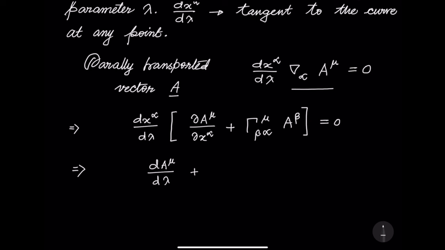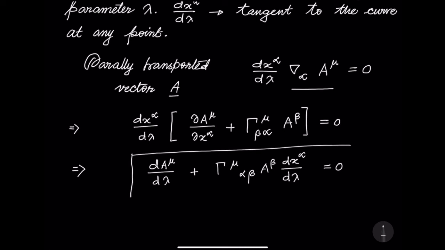And the second term is gamma mu alpha beta a beta dx alpha d lambda equals 0. So if I have a curve along which I want to translate a vector parallelly, then I have to make sure that this equation is valid, essentially. That's what I call a parallel transport.